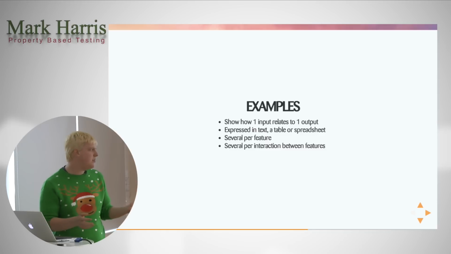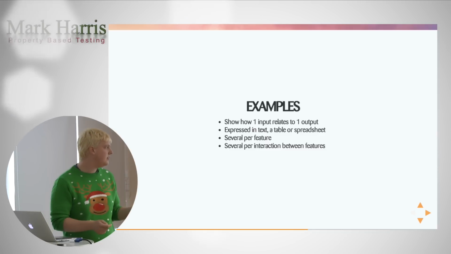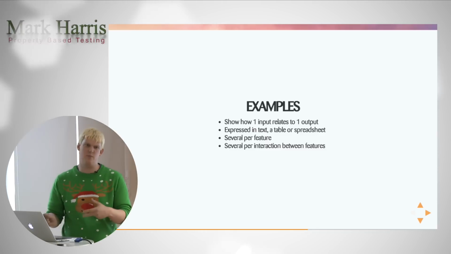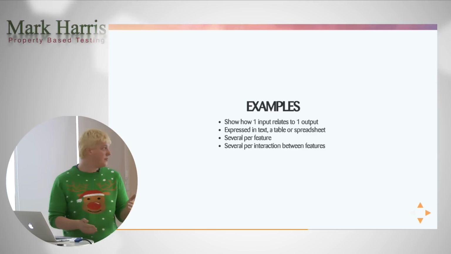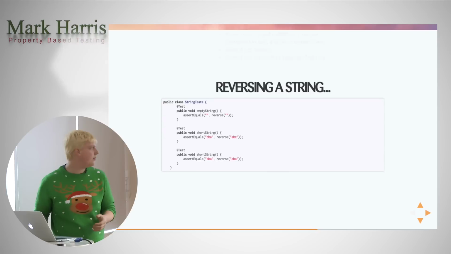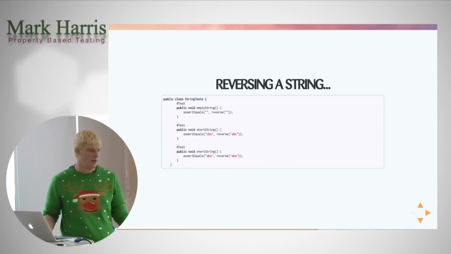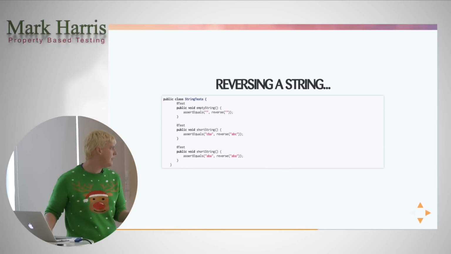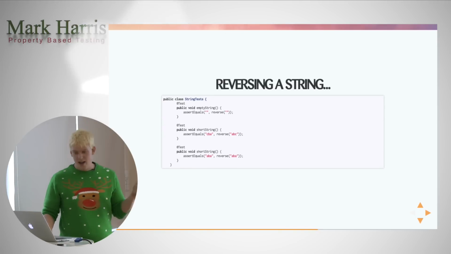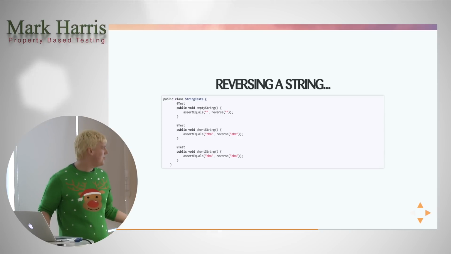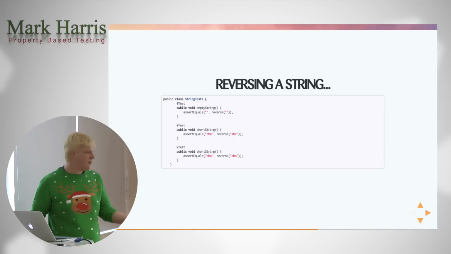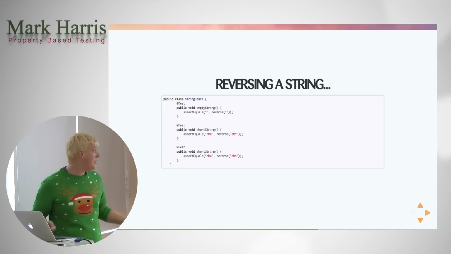And then often you want 1 or more per feature, 1 or more per inverse of feature, and 1 or more per interaction between features. And that's how you build up confidence that your code does the right thing. So for example, there's a grand tradition of talking about reversing strings when introducing property tests. So this is how you might do it with 3 examples.